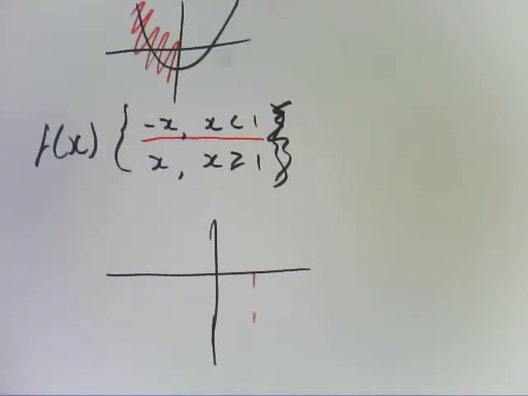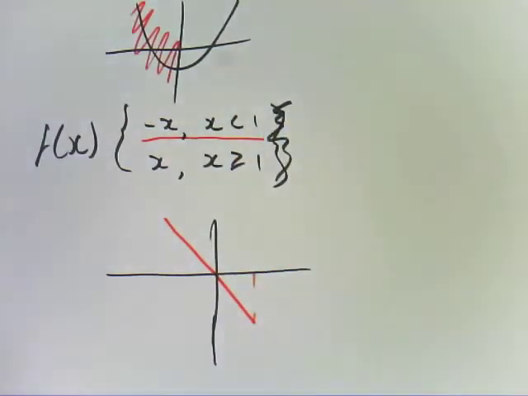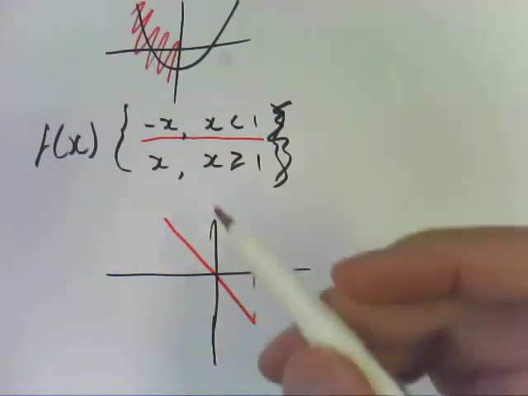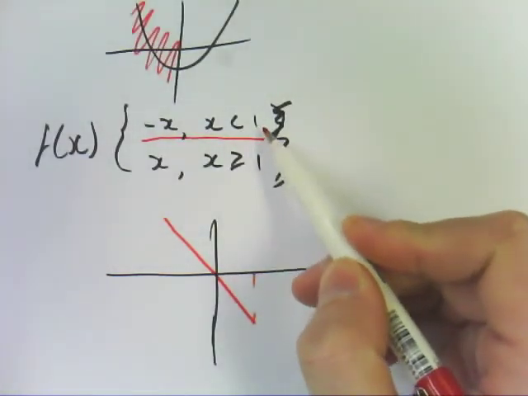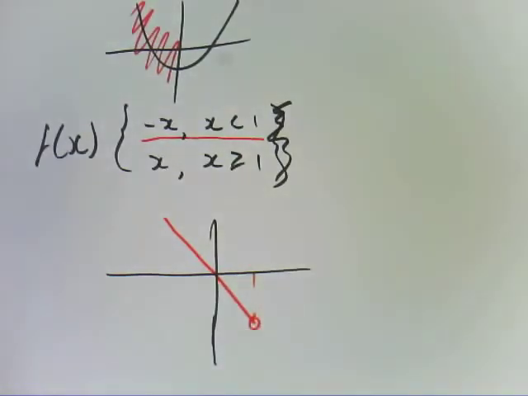What's your gradient? Where's it crossing? It crosses at 0, and it's coming down here. That's our equation. Now, are we including 1? No. So what do I need to have at the end here? An open circle. So that rule is done.